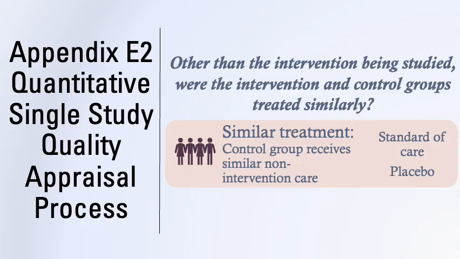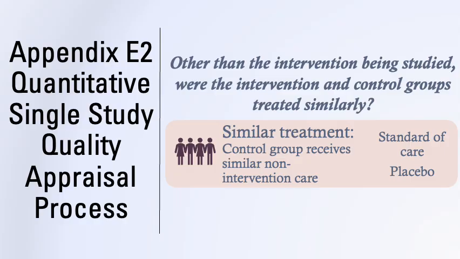If the study has an intervention group and a control group, you need to look at how the groups were treated. Having a control group does not mean the control group received no treatment. Rather, the control group should receive some form of similar but non-intervention care. Often, this would be the standard of care or a placebo intervention.